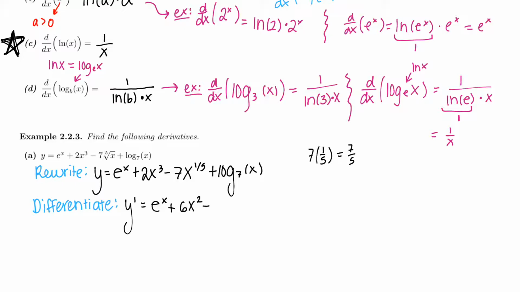And now use that fraction math that we were talking about before. 1 minus 5 is negative 4, so this becomes x to the negative 4 over 5. For log base 7 of x, in this case, the b is a 7. So we have plus 1 over ln of 7 times x.